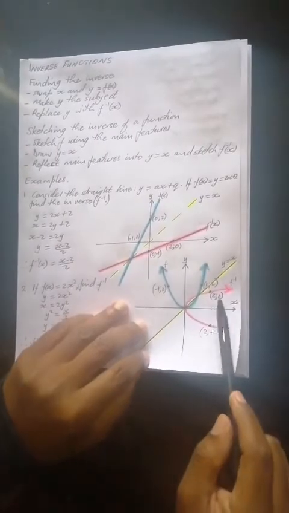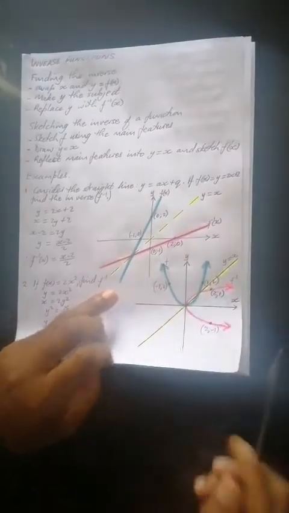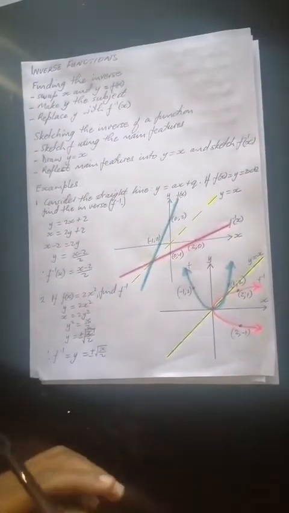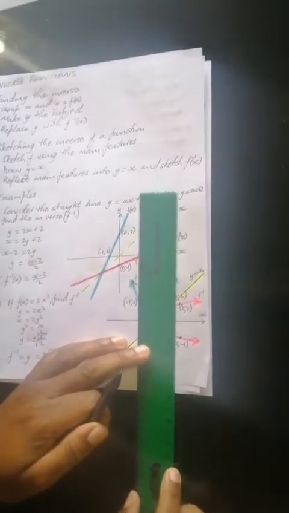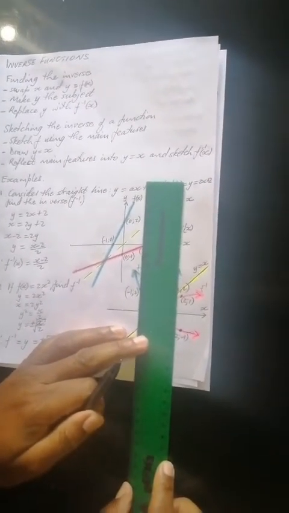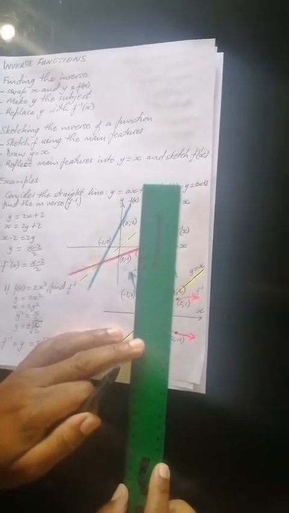And I will demonstrate more on this when we do the restrictions to make this graph, the red graph, a function. You can see from our study, if we draw any vertical line, it will cut the red graph twice.